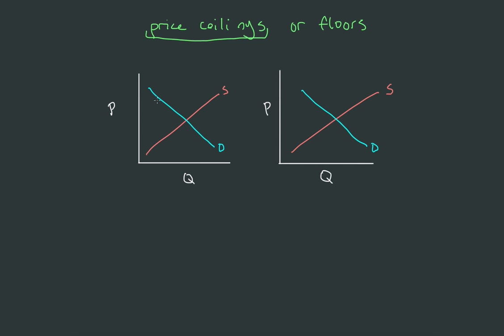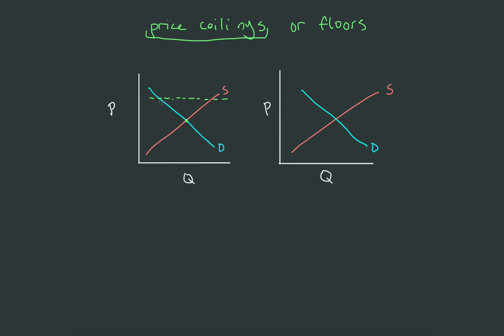Anyway, let's say, for example, we have a price ceiling set up here, on our basic supply and demand graphs. These are supposed to be the same, minus some squigglies. And let's say we have a price for a product, let's say milk, at $2 a gallon, right here.